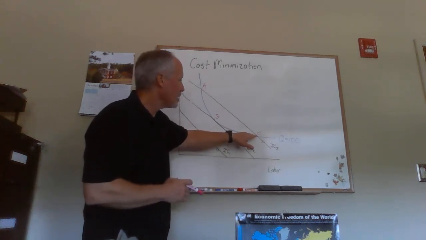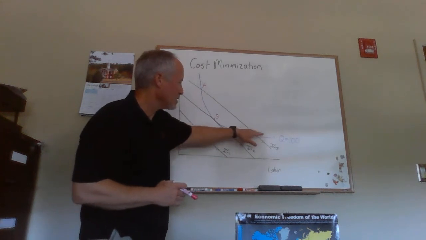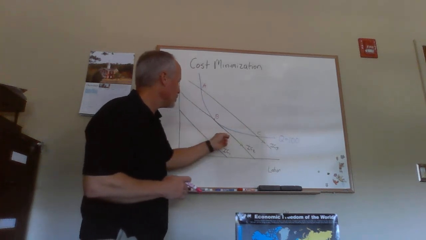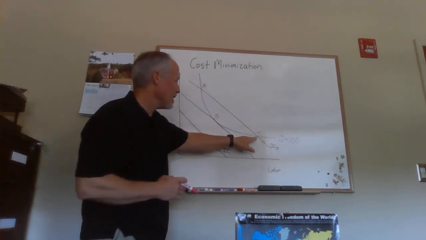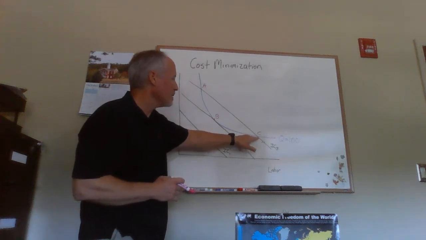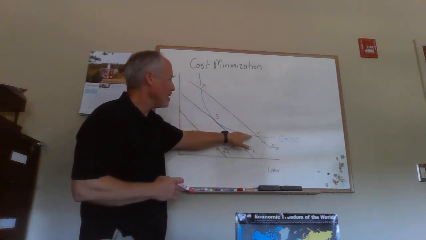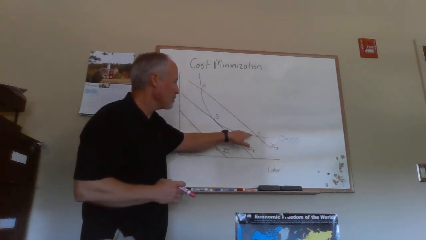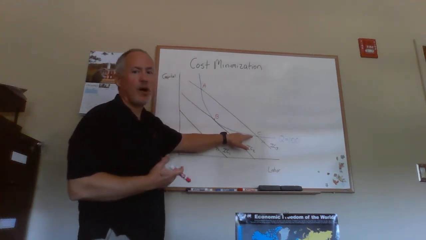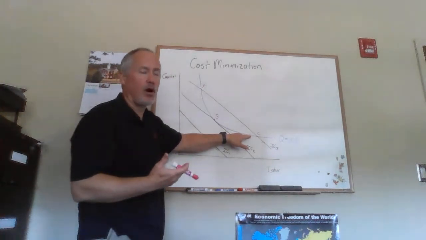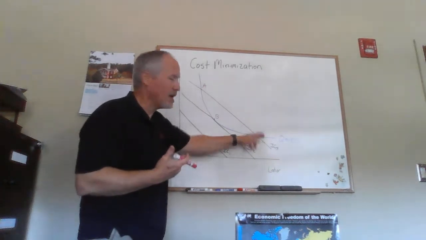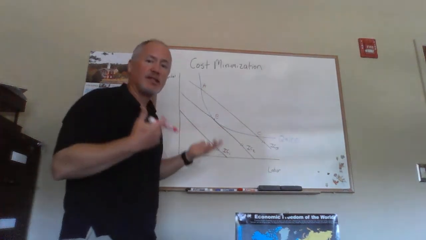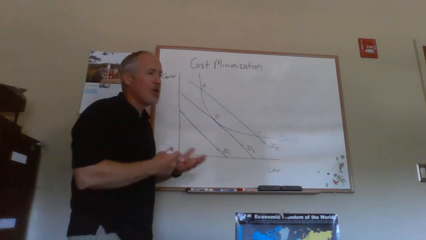Because it's flatter, it pushes in toward the origin a little bit more than IC3. So as we go to the left from C, the isoquant has to be getting to a lower cost isocost than IC3. That means point C can't minimize cost.